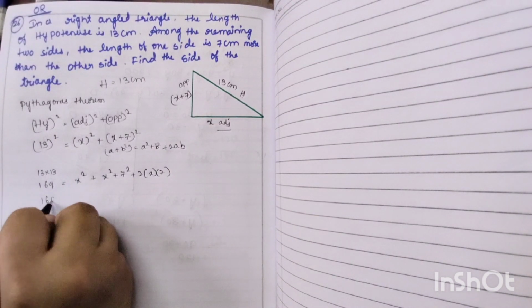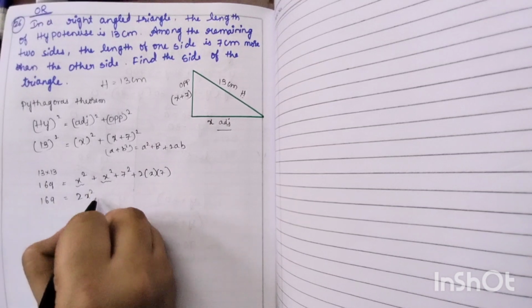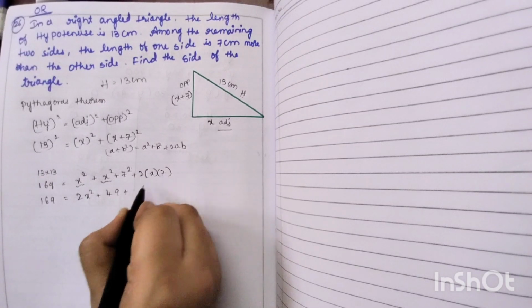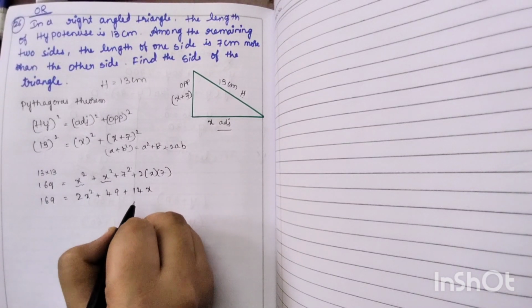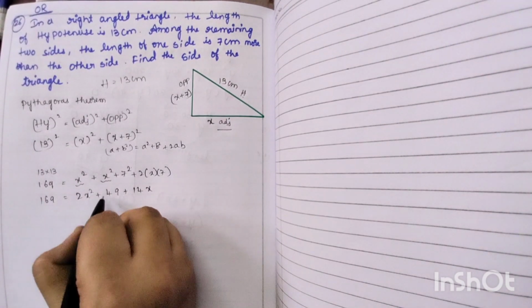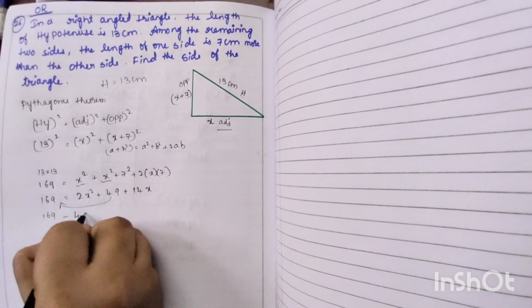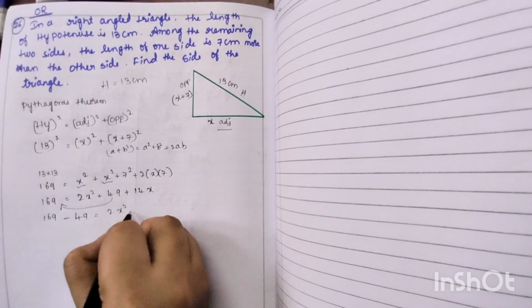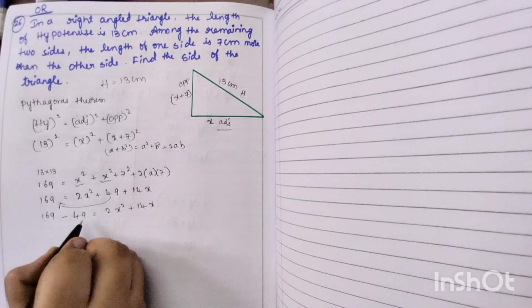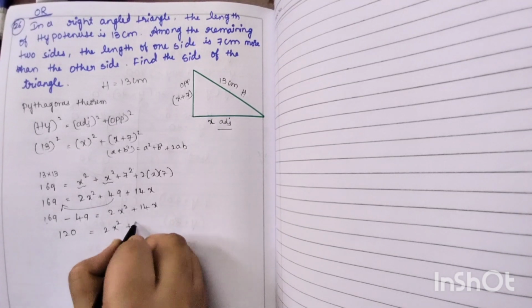So now 169 is equal to x square and x square, 2x square, plus 7 square is 49, plus 2 sevens are 14x. Now what are we supposed to do? Let's send this 49 this side. So 169 minus 49 is equal to 2x square plus 14x. Then 169 minus 49 will give us 120 is equal to 2x square plus 14x.